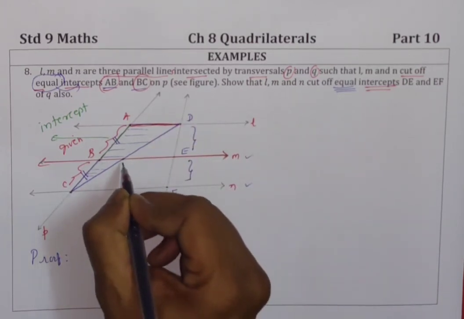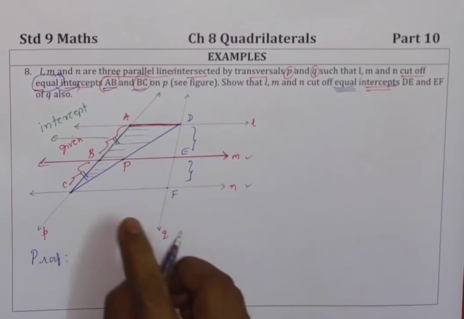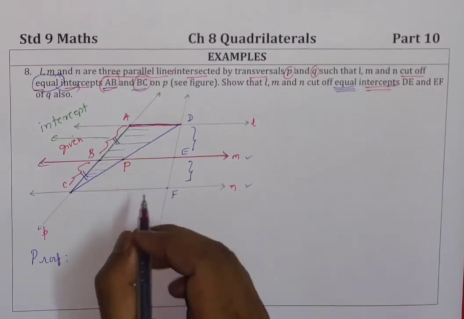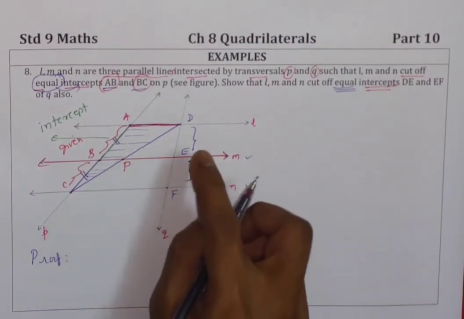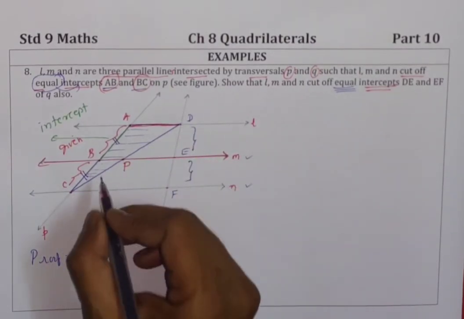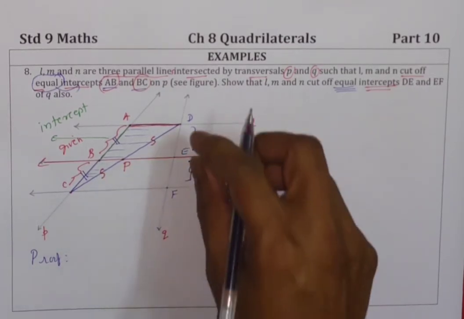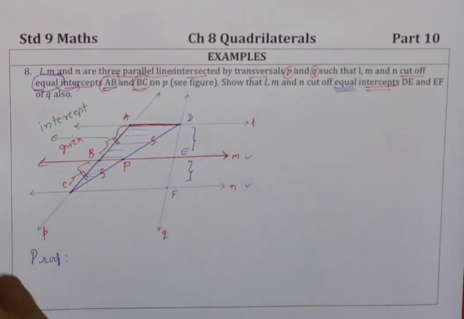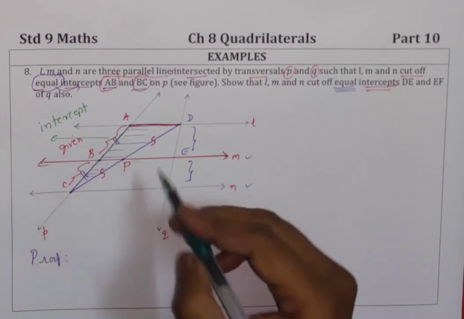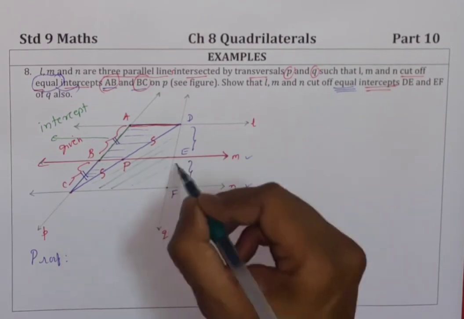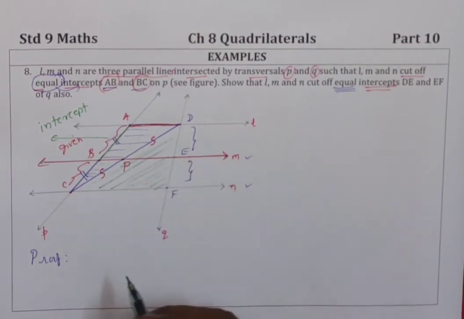Suppose this point of intersection is P. Then, yes, P is midpoint of CD. So you can say CP equal to DP. But we have to prove DE equal to EF. Now I have got a new triangle, and that is this triangle. Are you getting me?